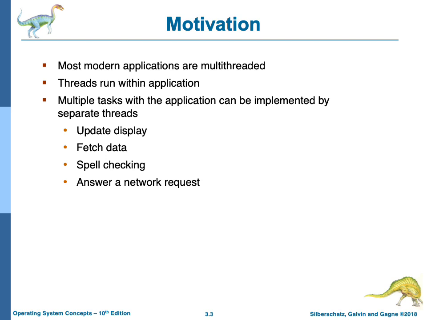An example of a multi-threaded application, for instance, is a word processor that may have one thread for displaying graphics, another thread for responding to I/O operations from the keyboard from the user, another thread for performing spelling and grammar check in the background, and so on.